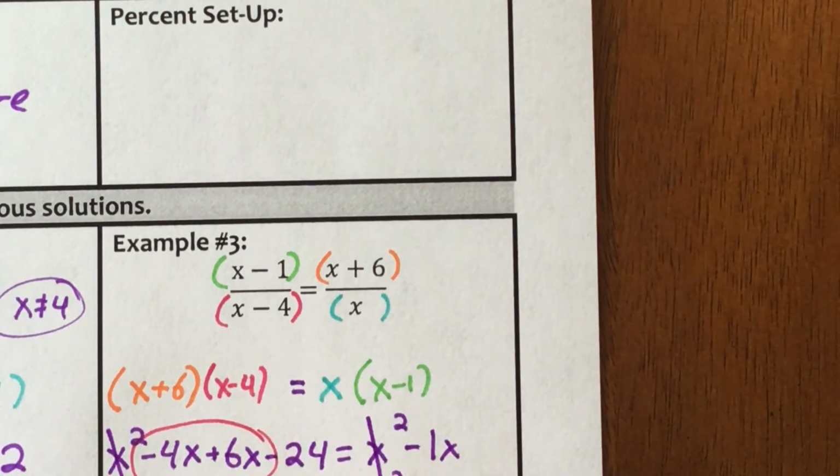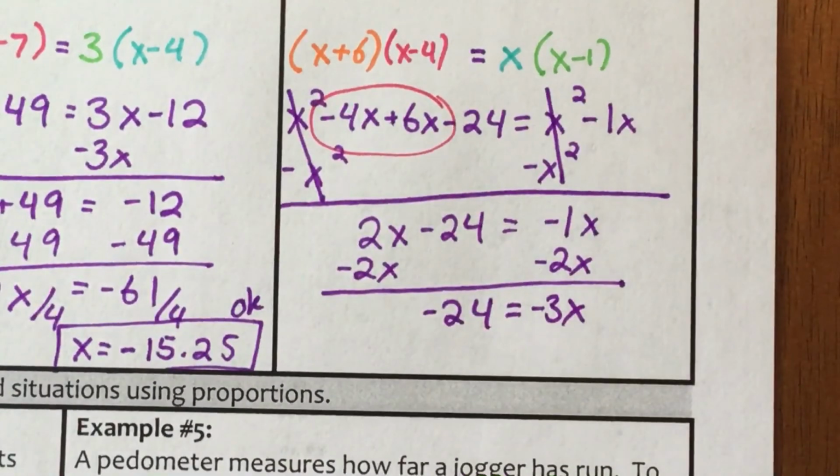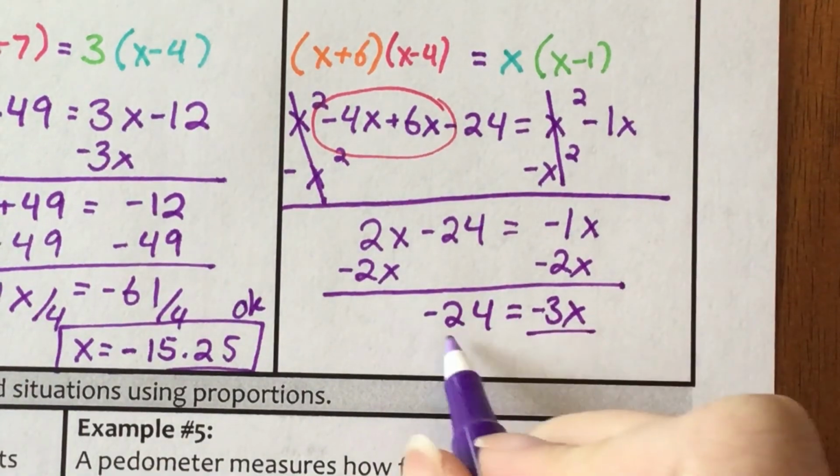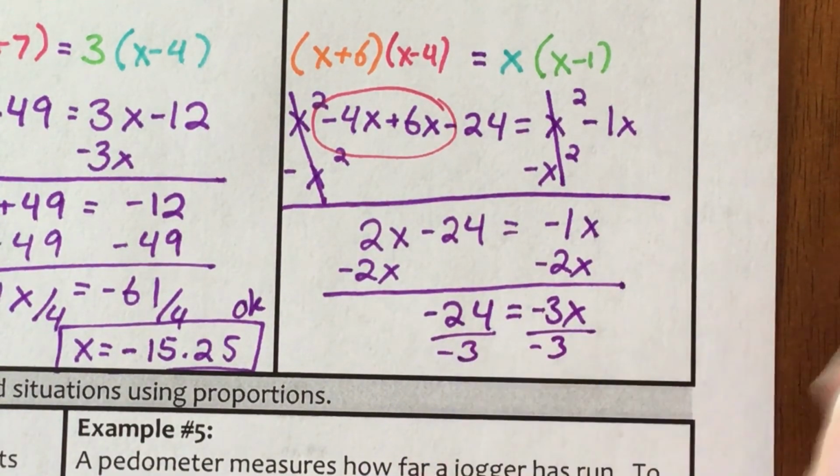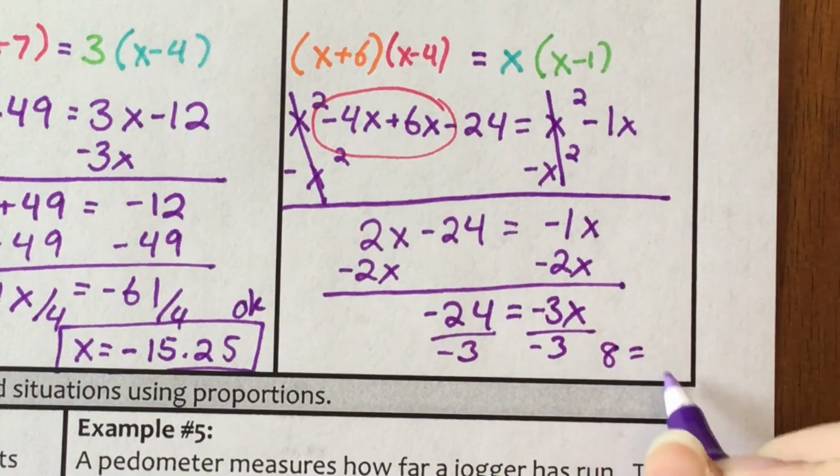So 2x minus 24 on the left. We need all x's on the same side. I'm going to subtract 2x from both sides so that we have numbers on one side and x's on the other. So we've got negative 24 equals negative 3x. And then divide both sides by negative 3, and we get 8 equals x.